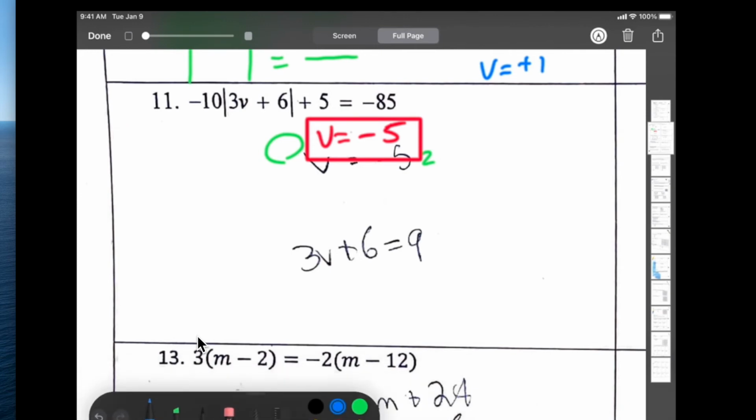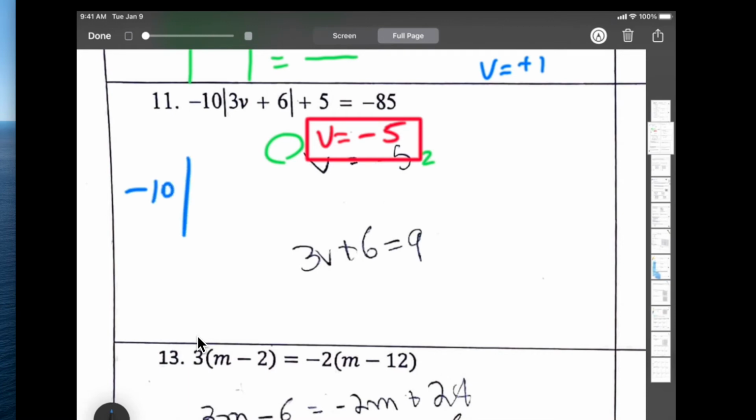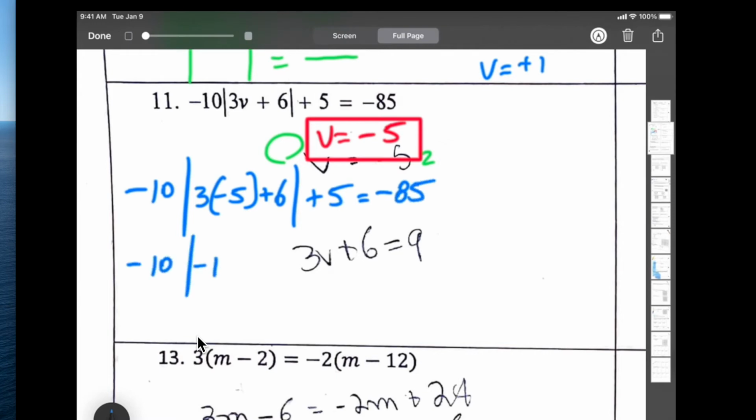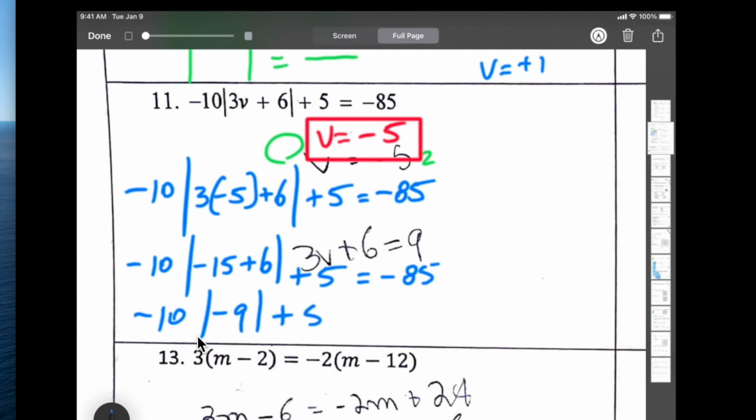Okay, so now we're going to have negative 10 times the absolute value of 3 times negative 5 plus 6, plus 5 equals negative 85. Negative 10 times the absolute value of negative 15 plus 6, plus 5 equals negative 85. Negative 10 times the absolute value of negative 9, plus 5 equals negative 85.